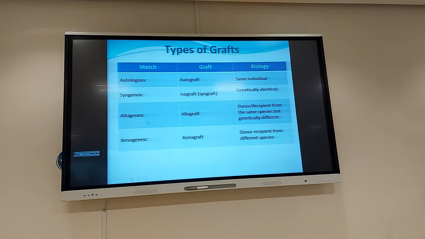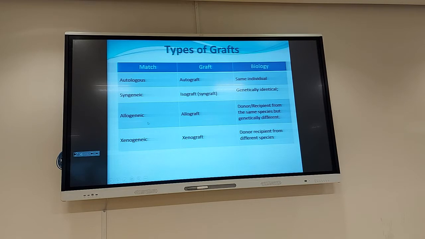What they're doing now also is they're able to culture skin cells in the lab into sheets of tissue and then paste it back onto the person. But nevertheless, this type of tissue, which is derived from the patient and then stuck back onto other parts of the patient, is known as an autologous graft, or an autograft.